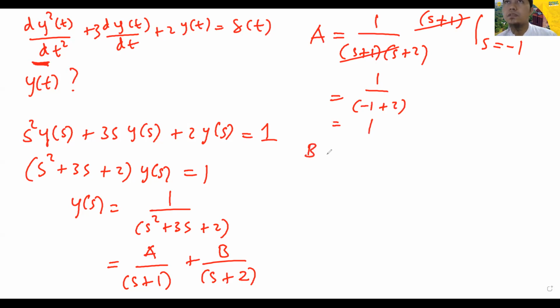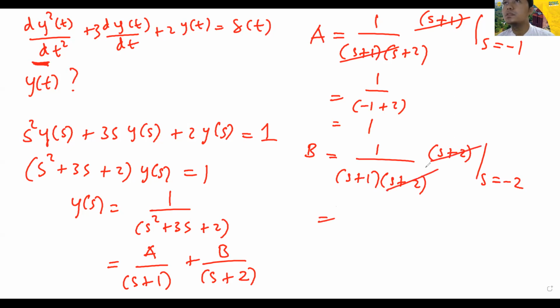And for B, it is still the same: 1 over (s plus 1) times (s plus 2), multiplied by (s plus 2), and then we substitute minus 2, and this one becomes minus 1, right?